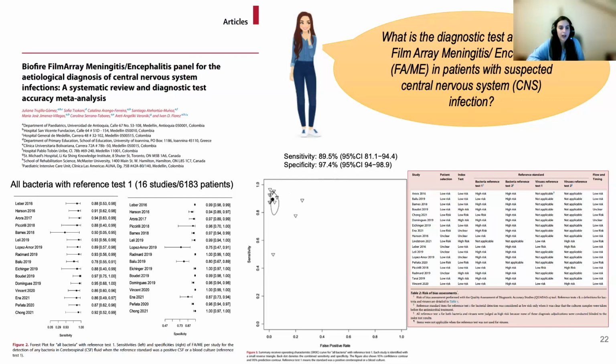Of course, when we interpret results, we need to take into account the quality of studies, and we should assess the risk of bias, as we can see on the right side of the slide. So we need to take this into account to assess the confidence that we place in results.